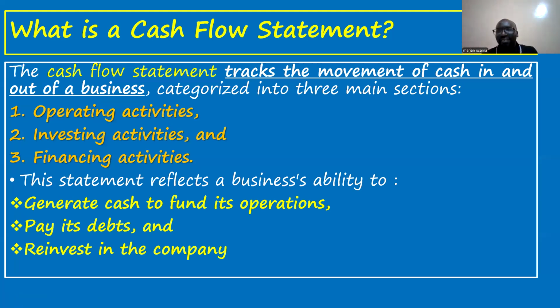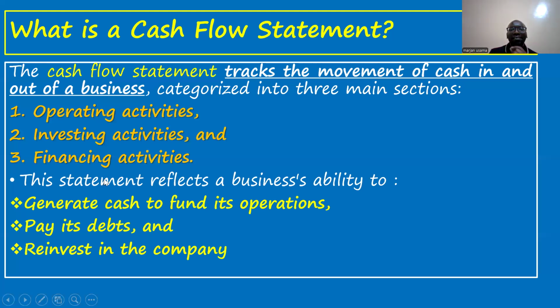Any business in this world normally operates under these 3 activities. Number 1, the operating activities. Number 2, investing activities. Then number 3, financing activities.